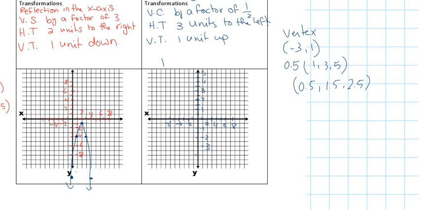So, vertex is at negative 3, 1. Do we see that? Now, how much do I have to go up by? 0.5. Remember that every square is how much? 0.5, right?